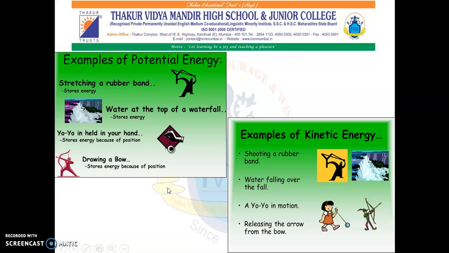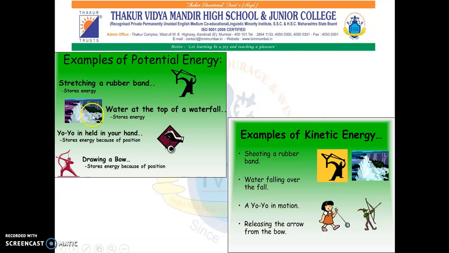Let us see a few more examples of potential energy and kinetic energy. Stretching a rubber band. So here the energy is stored in the rubber band because of its position. That is potential energy. When you are shooting a rubber band, then it is in motion. So at that time, the energy possessed by the rubber band is the kinetic energy.